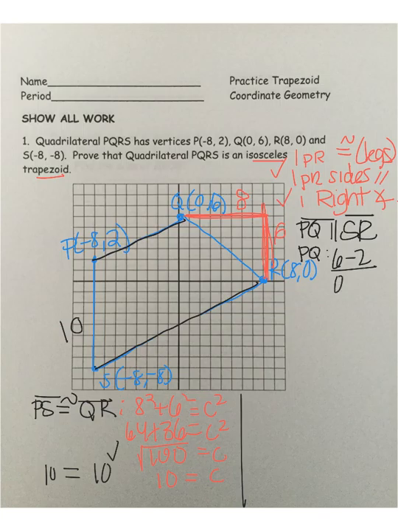Zero minus a negative 8 is plus 8. So 4 eighths is equal to 1/2. And I need to get that for SR.